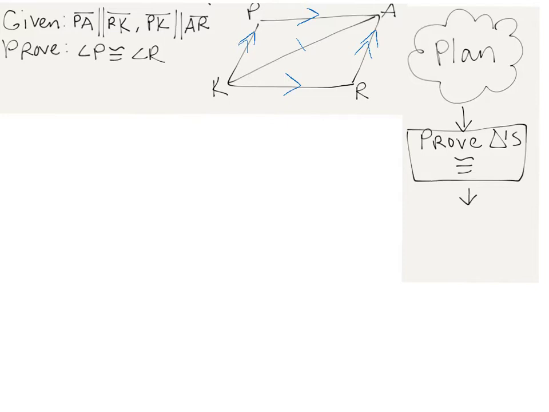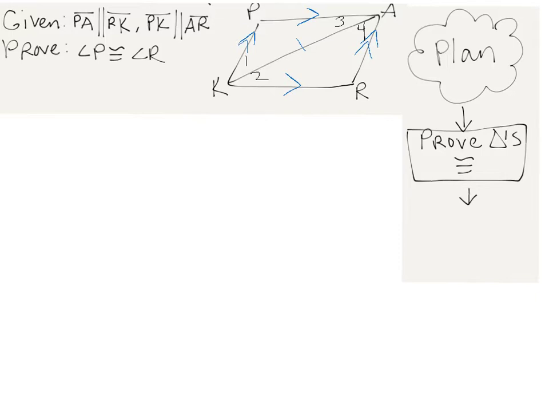So even though they didn't show it in here, I'm going to write it in. They didn't tell me what the names of the angles are, but to make my life easier, I'm going to go ahead and name this angle 1, this angle 2, this angle 3, and this angle 4. And that's something you can do on a test, a quiz, and in your homework so that you don't have to name the angle PKA. You can just call it angle 1. That's a nice little hint to know.